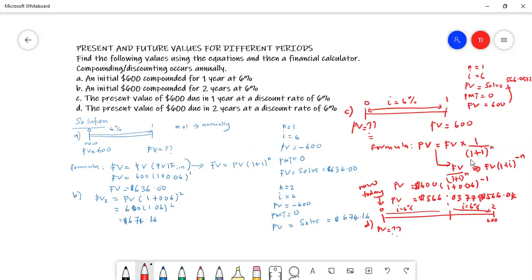We substitute the data: 600 times (1 plus 0.06) to the power of negative 2. So now can you find the present value?